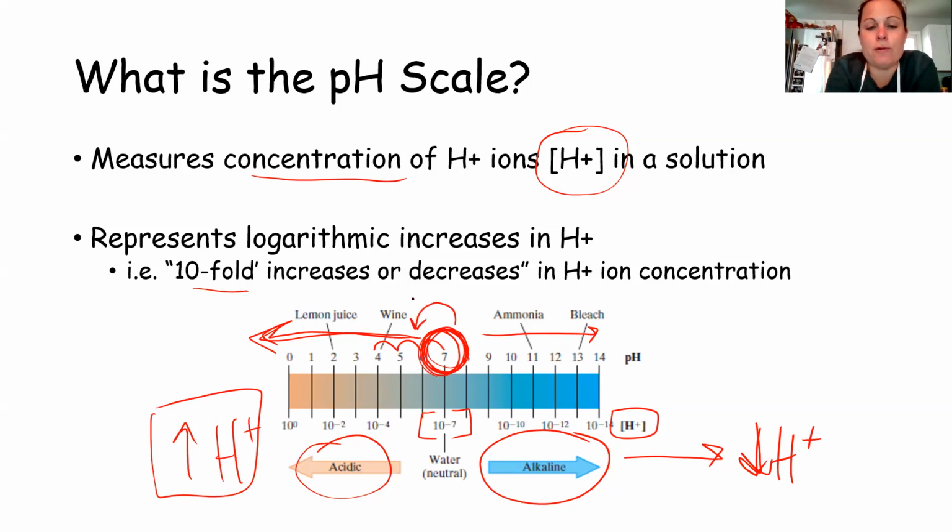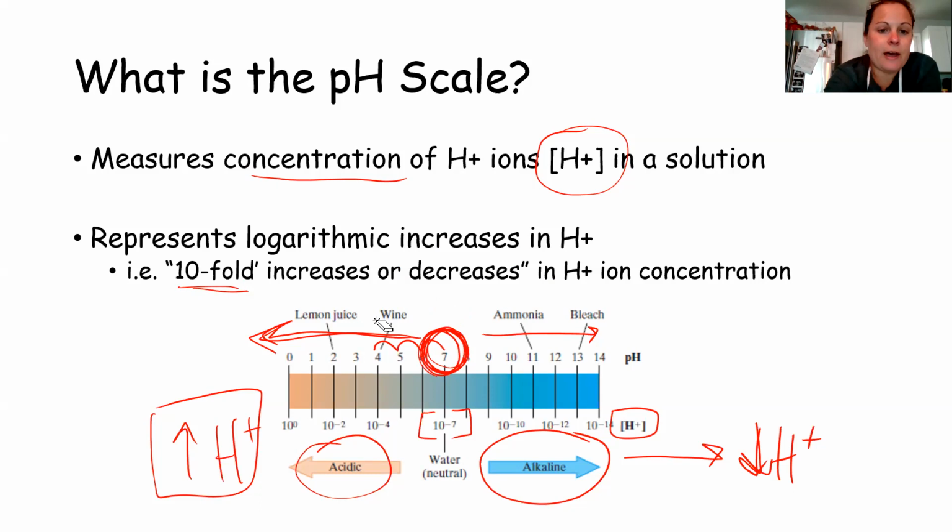So I go from a pH of 7 to 6. If I increase it 100-fold, I go 2 spaces. The pH is now 5. And if I increase it 1,000-fold, I go 3 down on the pH scale, and the pH goes down to 4. Again, that's increasing the H+ ion concentration.